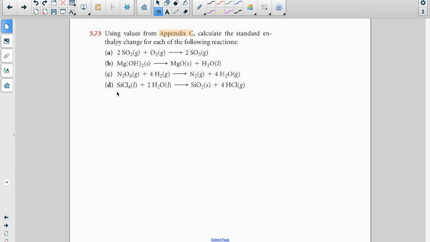So if we take a look here, we'll try B, and I will also do A. Starting with A, we can use the values from Appendix C and figure out the heats of formation for these particular substances.